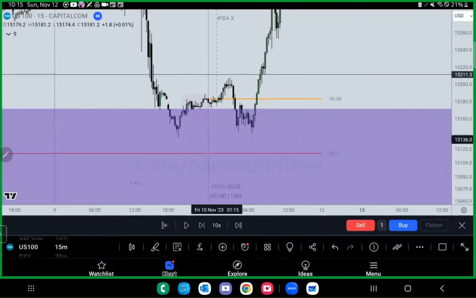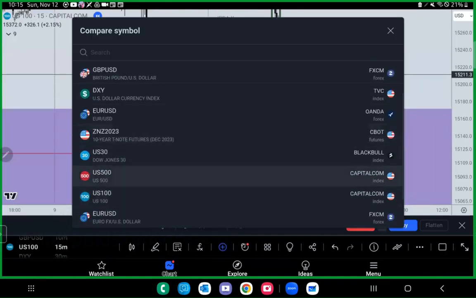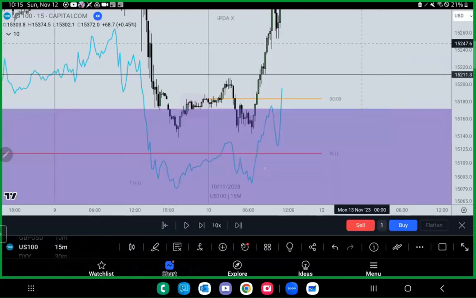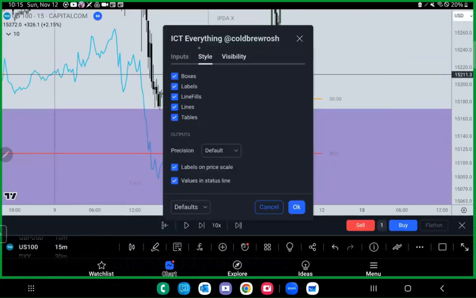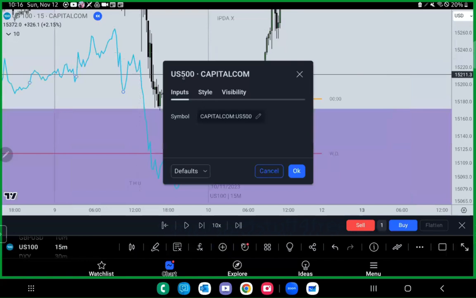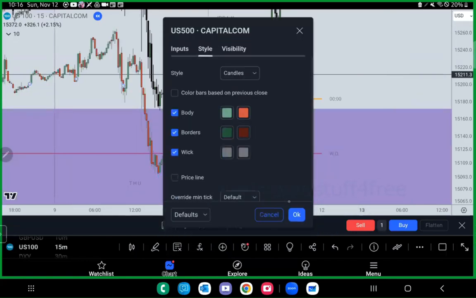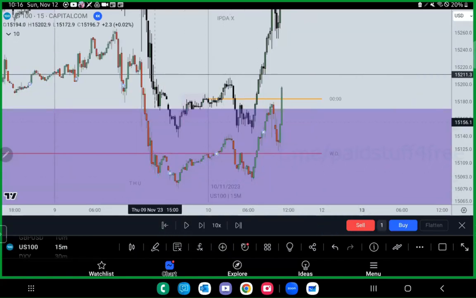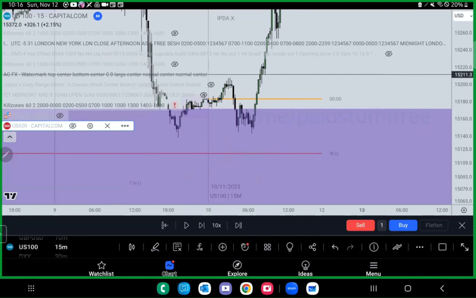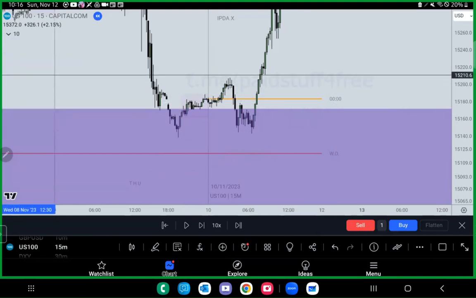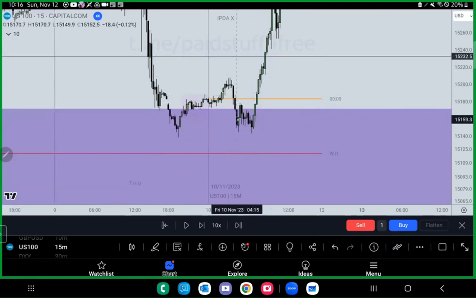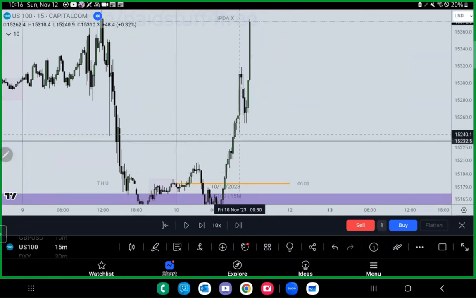Since this is the previous day's low, I would look for SMT between SPY. Right, so no SMT. Okay. This tool is not there.